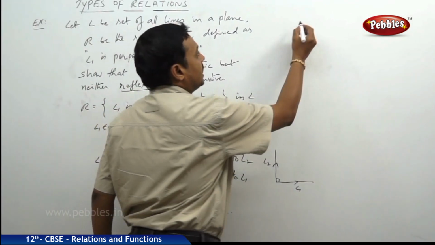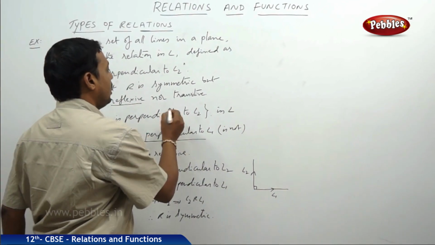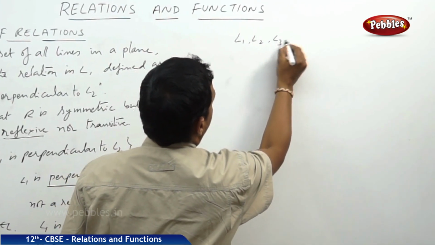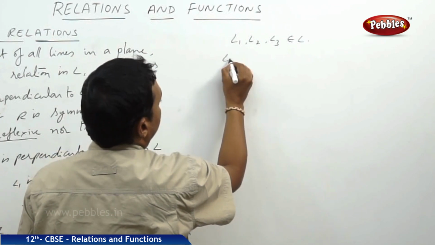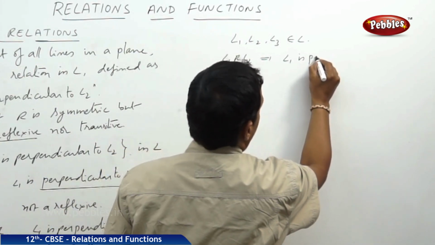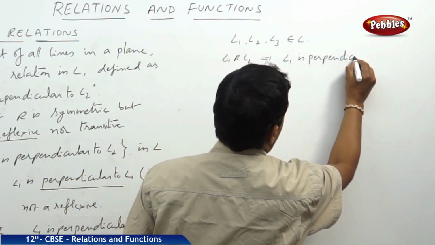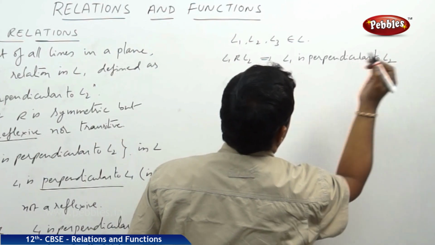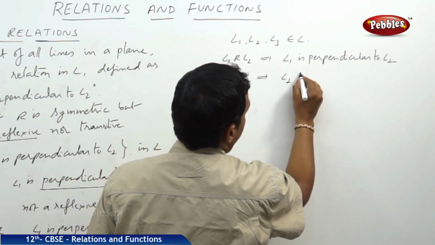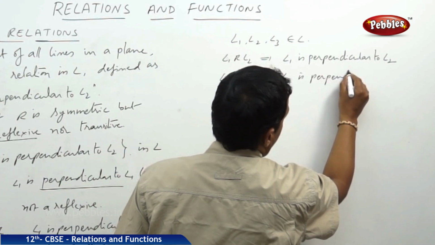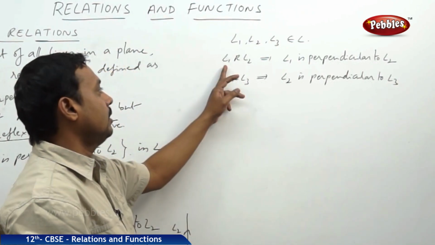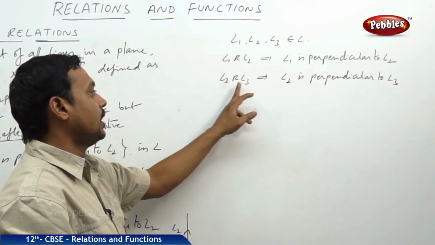Now, let us check whether it is a transitive relation or not. Consider three lines L1, L2, L3 belonging to L. L1 related to L2 implies L1 is perpendicular to L2, and L2 related to L3 implies L2 is perpendicular to L3.